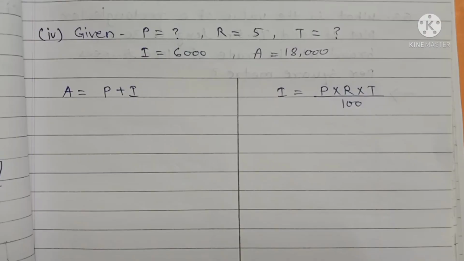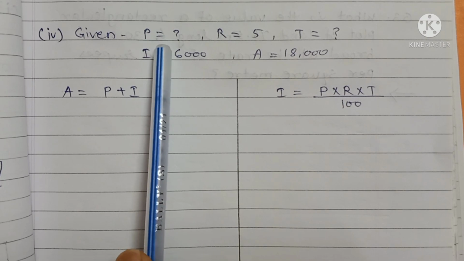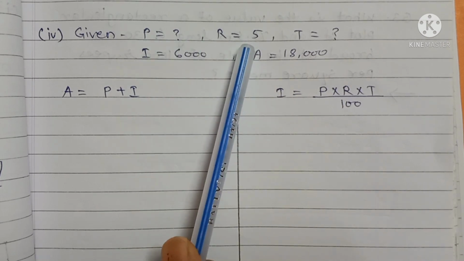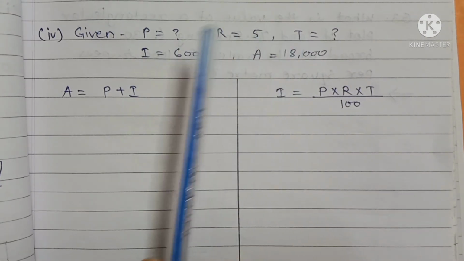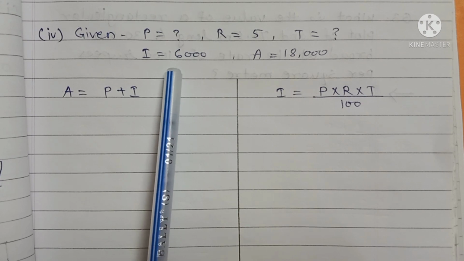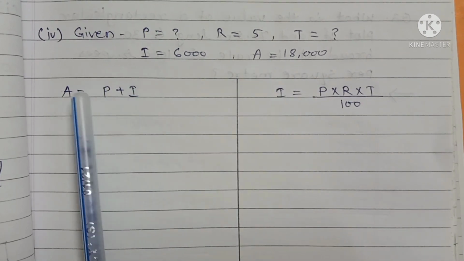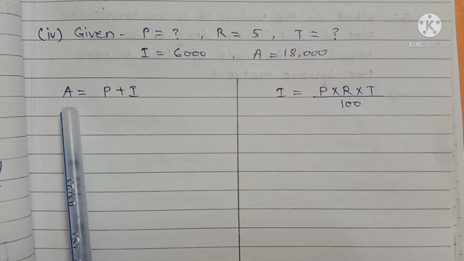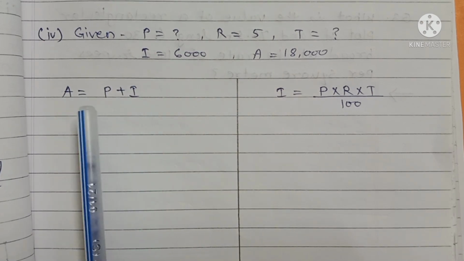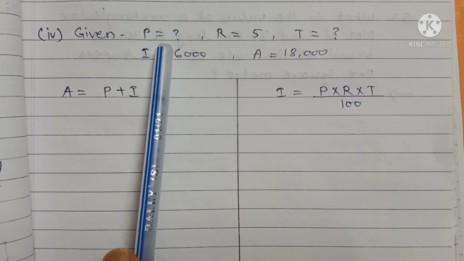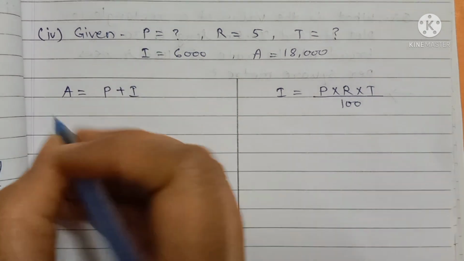Next, fourth question. You can find the value of P. R is given 5. Find the value of T. I is given 6,000 and A is given 18,000. First, we will use the formula for amount. A is equal to P plus I. Using this formula, we will find the value of P first.